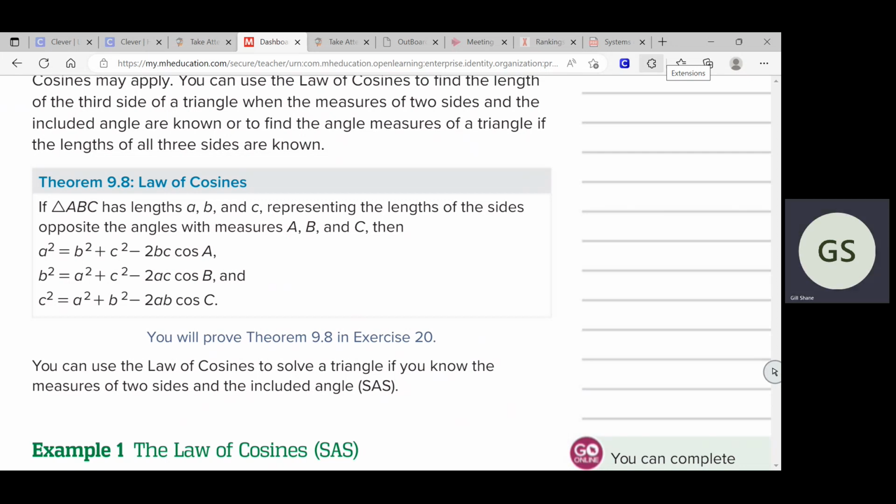You have to know when you can use the law of sines and when you can use the law of cosines. It tells you below the theorems when you can use the law of cosines. So if you know side angle side, that's when you use the law of cosines. I didn't really point it out, but I will now.